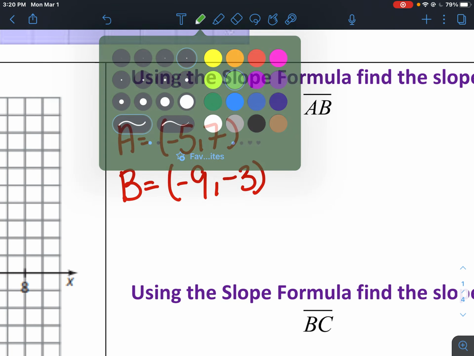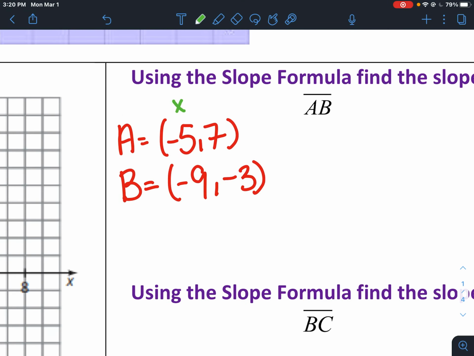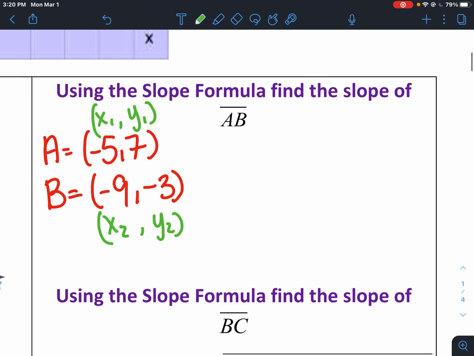If it helps, you can label x1, y1, and x2, y2. Okay, so I've identified points. If it doesn't help, or you kind of get it, then no need to label your points. We can also rewrite the formula if that helps you.